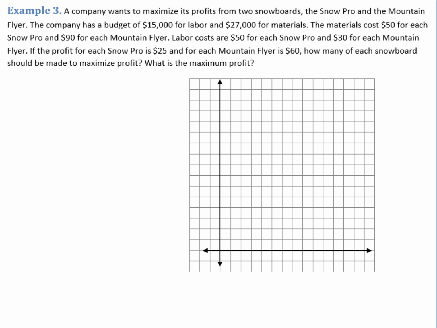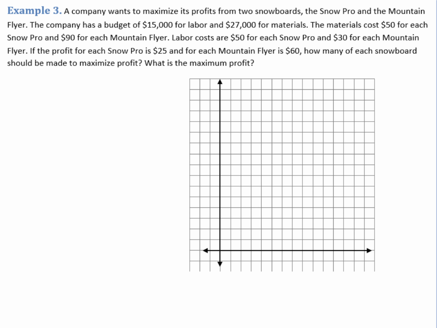The materials cost $50 for each Snow Pro and $90 for each Mountain Flyer, so that has to do with the materials. And then the labor costs, in order to make a Snow Pro, it's $50 per Snow Pro and $30 for each Mountain Flyer. If the profit for the Snow Pro is $25 each and $60 each for the Mountain Flyer, how many of each snowboard should be made to maximize profit?